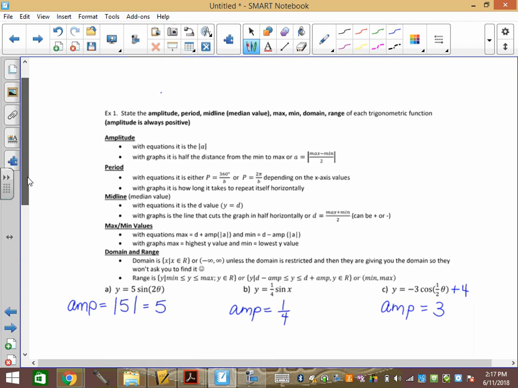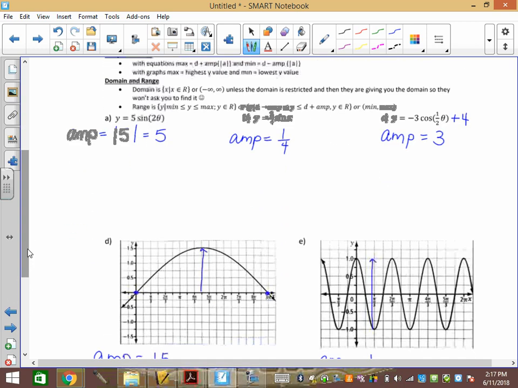Okay, then it asks for the period. Off of an equation, the period is found by doing what? On a graph, the period, you would look for it. But on an equation, how do you get the period? We'll do 2 pi for this one. 2 pi over B. What's B in this case?